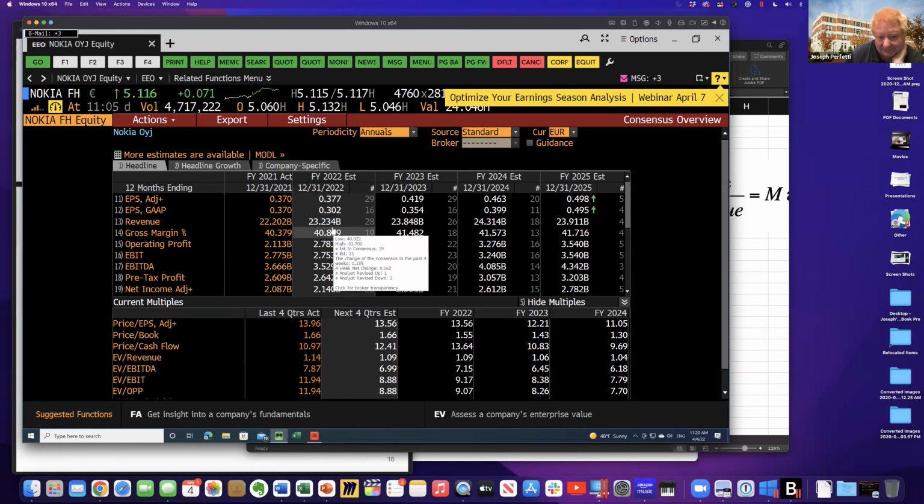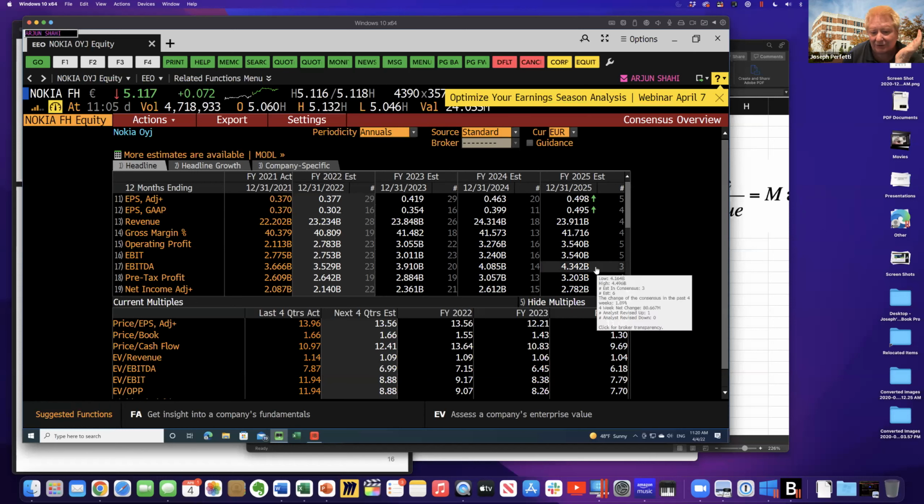As the book talks about, forward year 2 or further, these are the clean forecast years. So for example, 2022 for Nokia includes 3 months of actual data and 9 months of forecast data. This is 12 months of forecast data. So starting with the first 12-month forecast year, these are more normalized. These are the ones we tend to use in valuation. So these are the forward years that matter more, 23, 24.